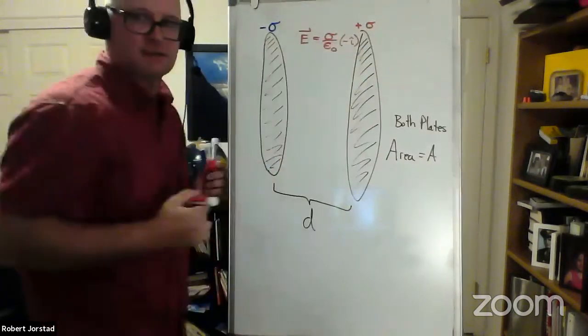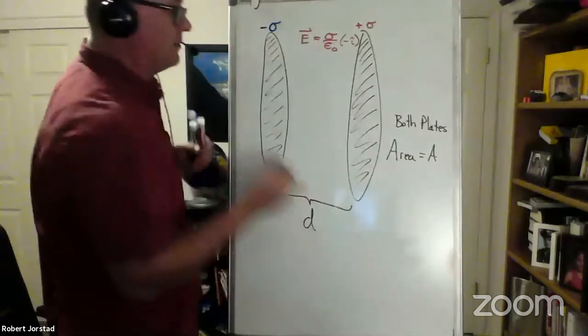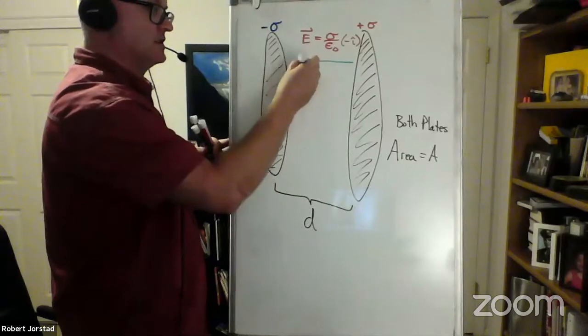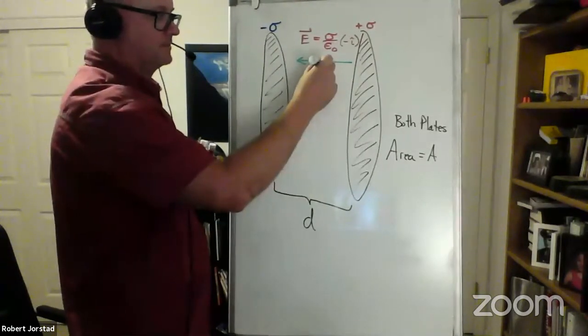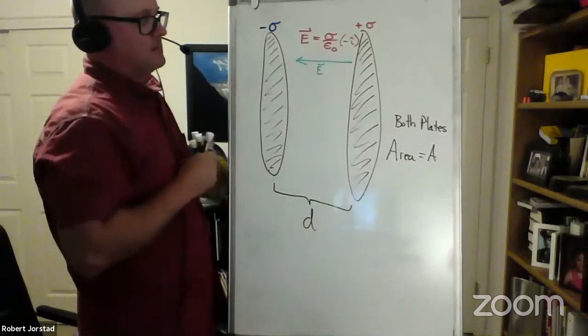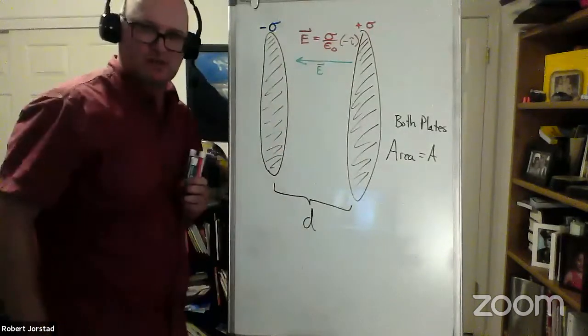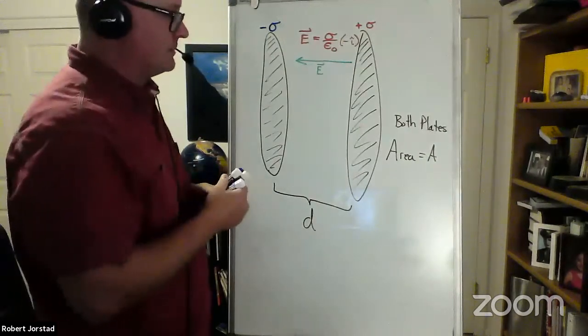Let's pause on that for a second. I expect the electric field to point from plus to minus, so from the high voltage to the low voltage. That's the electric field direction. Because there's sigma over 2 epsilon from this one and sigma over 2 epsilon from that one, that seems reasonable. So far, so good.